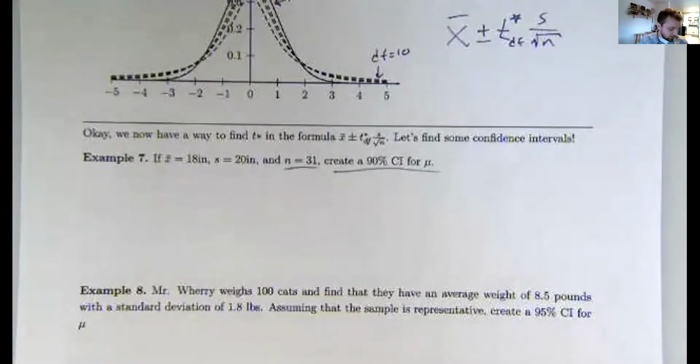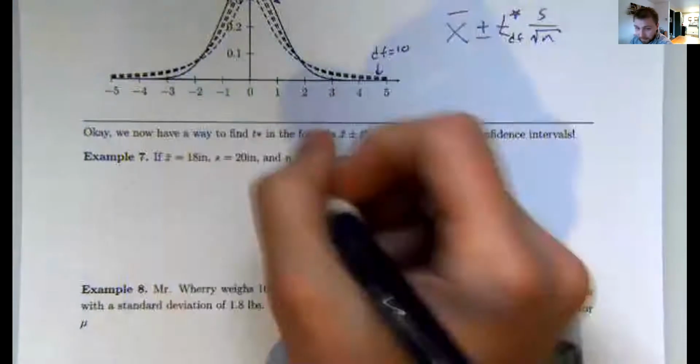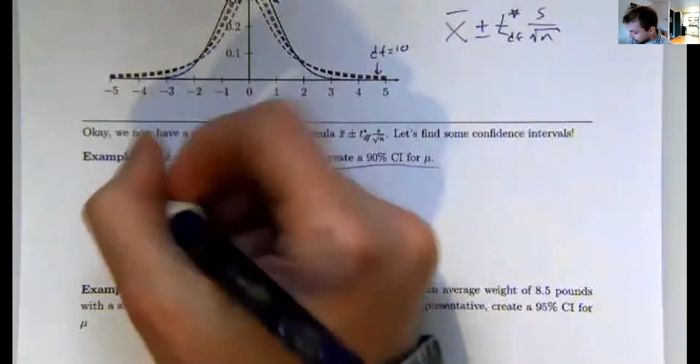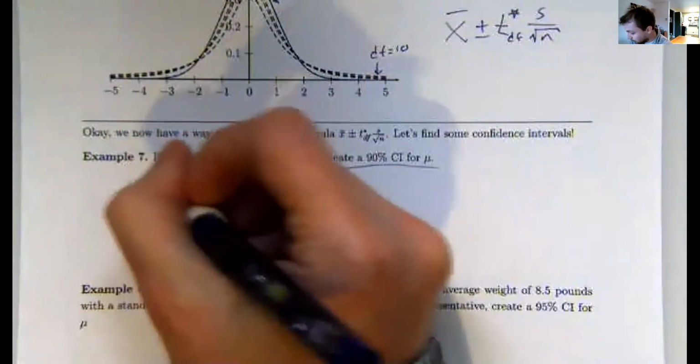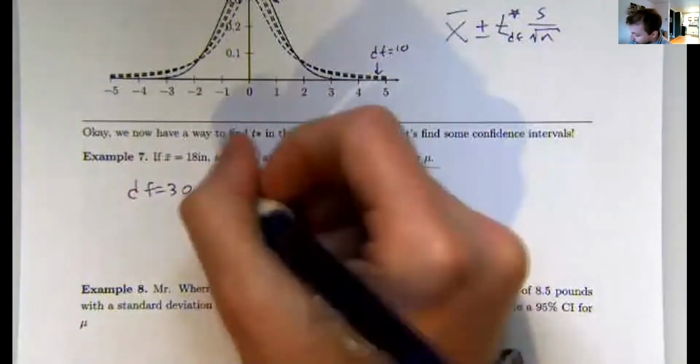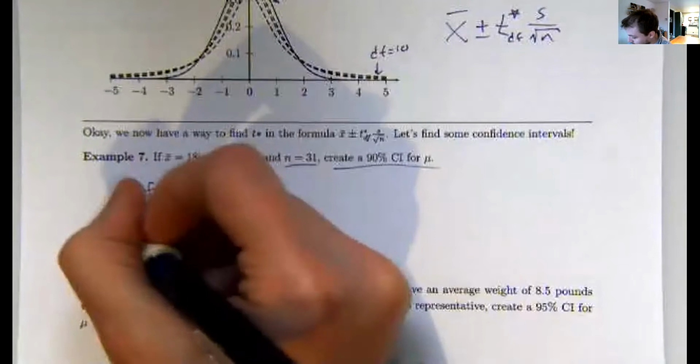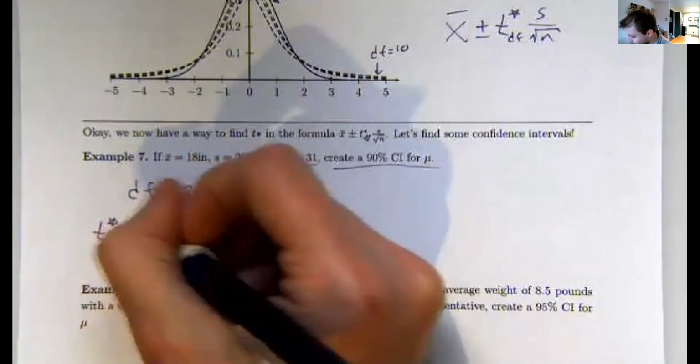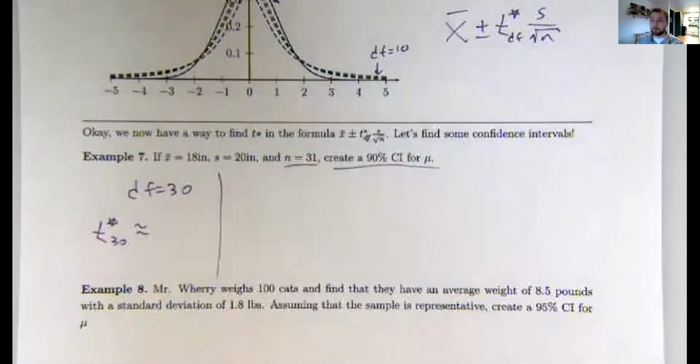So here's my tiny amount of scratch work. If I have 31 samples, my degree of freedom is 30. So I want to find my critical value before I start this thing out, and then smooth sailing. So I'm going to go back to that table.